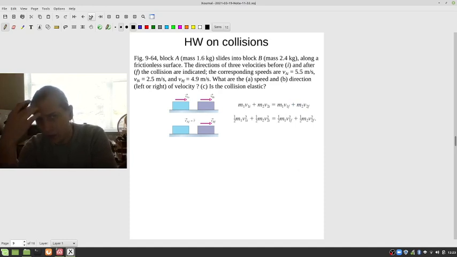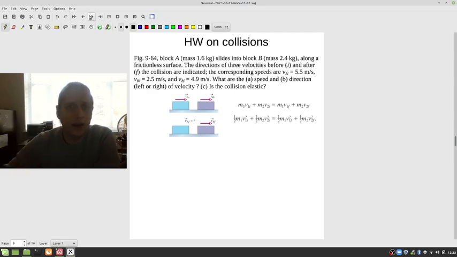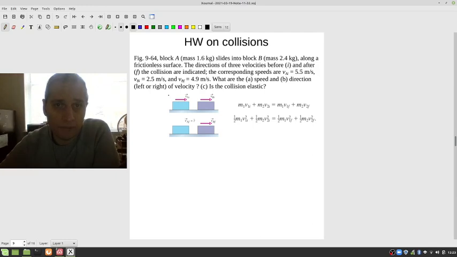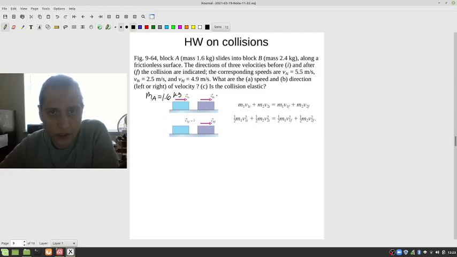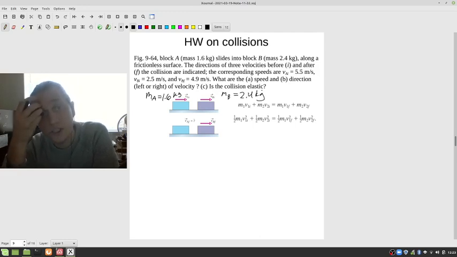All right, so here's a homework problem that has to do with this. You've got a block A, mass 1.6, so your mA is 1.6 kilograms. It runs into a block B, so your mass B is 2.4 kilograms, along a frictionless surface.